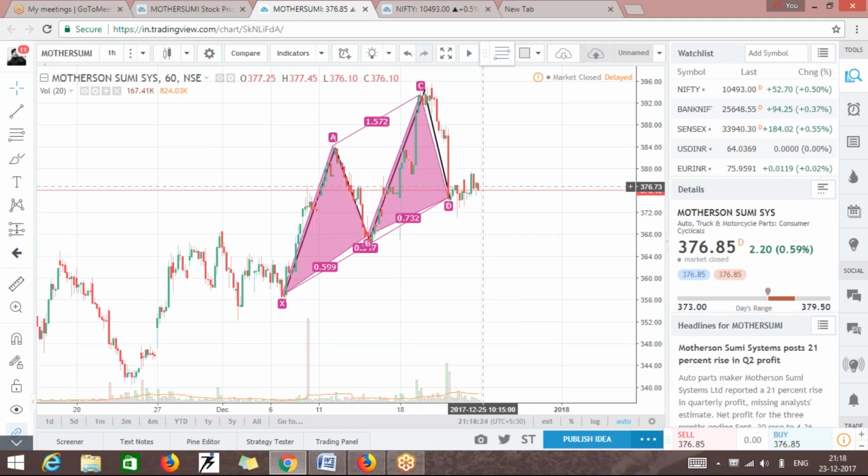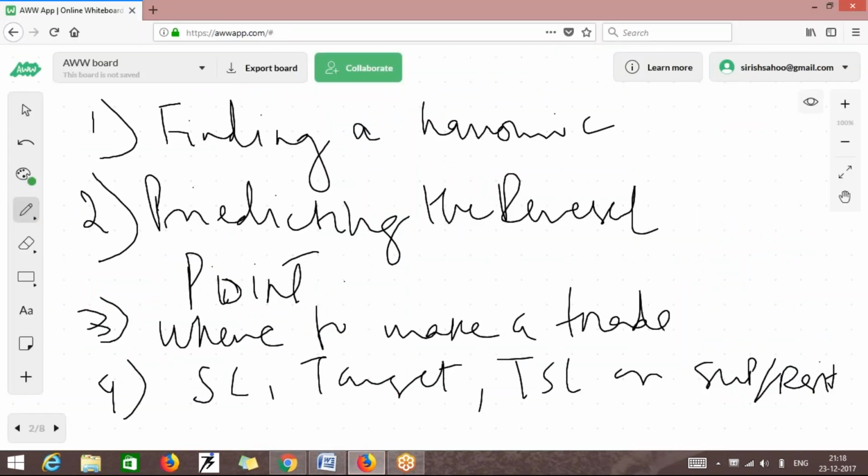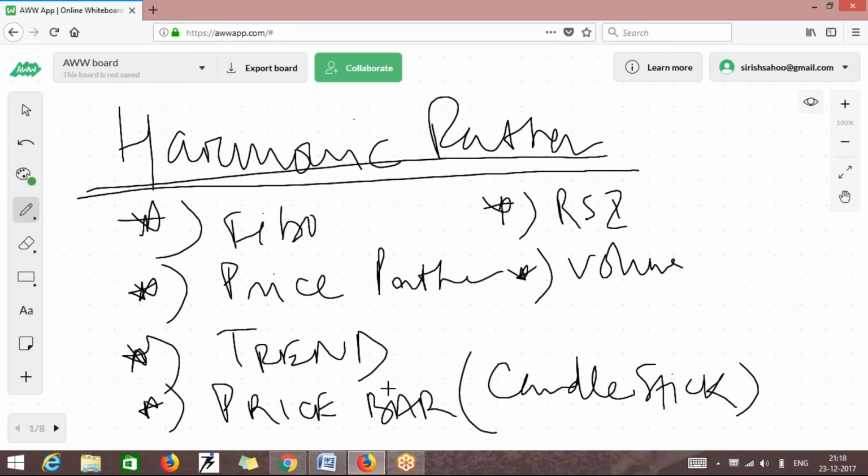We could get more confirmation by using all these things, that yes, there is accumulation, so definitely there would be upward movement. We could go to volume, as I have said, a few instances which we need to check before taking a trade. In the very first slide I have shown the things we need to see before taking a harmonic pattern trade. Price pattern also, this is where you said that yes, there is accumulation.